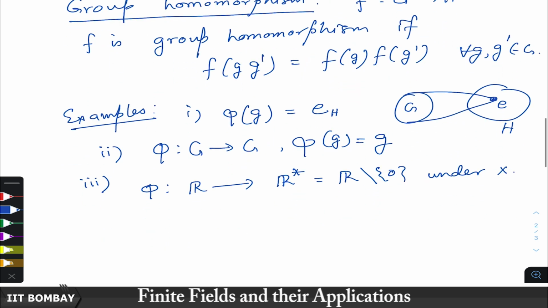So, the set of all non-zero real numbers is a group under multiplication, and let us take this map where x goes to 2^x.